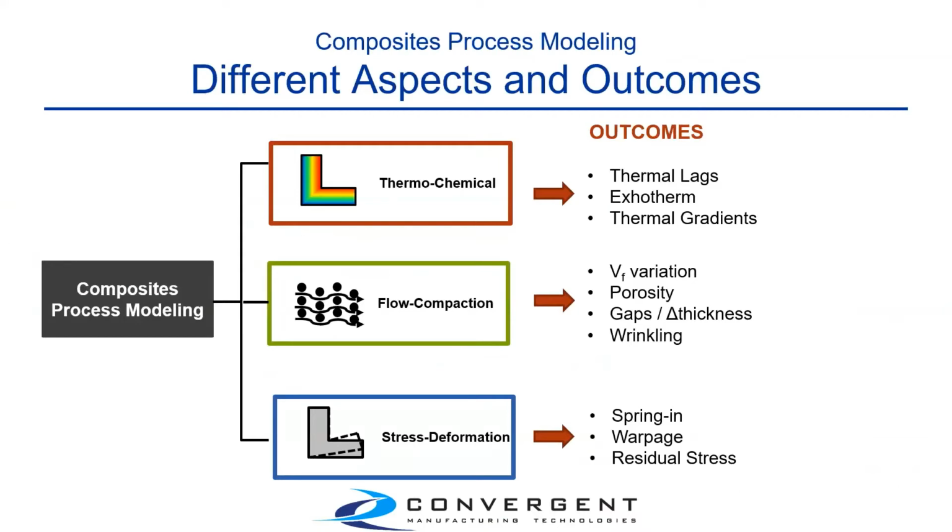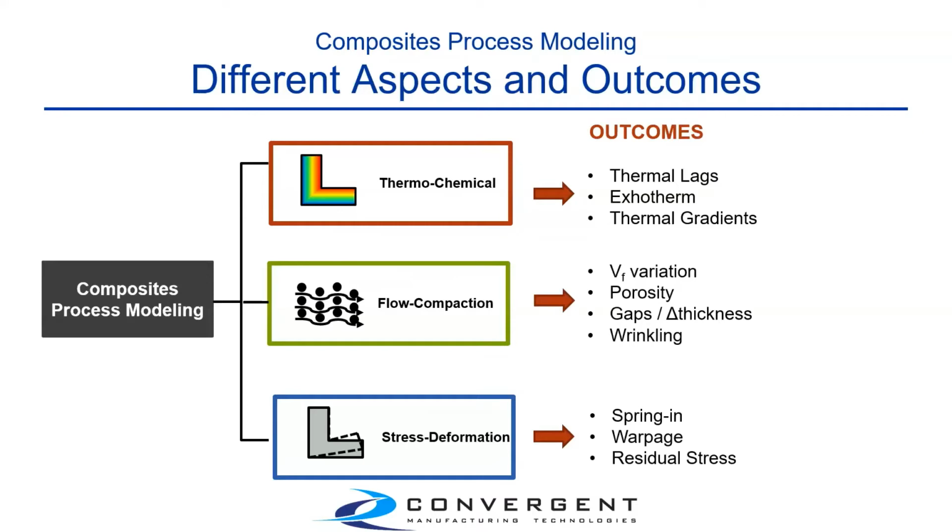The combination of the two can lead to pressure gradients in the part, and that can lead to variation of the volume fraction, formation of porosity, gaps, and wrinkles. These are all pre-gelation regimes: the consolidation, formation of wrinkles, and porosity. So that is the focus of the flow compaction.